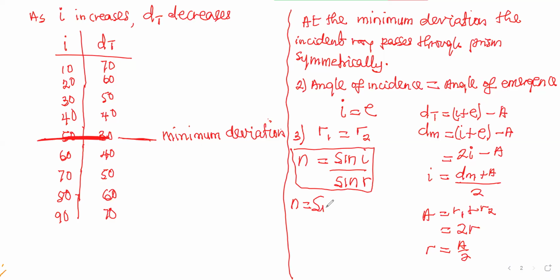So sine of D minimum plus A all over 2, divided by the sine of A over 2. This is using the condition at minimum deviation to find the refractive index of the material. Class, are we okay?